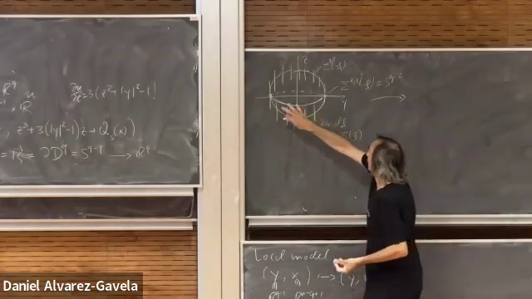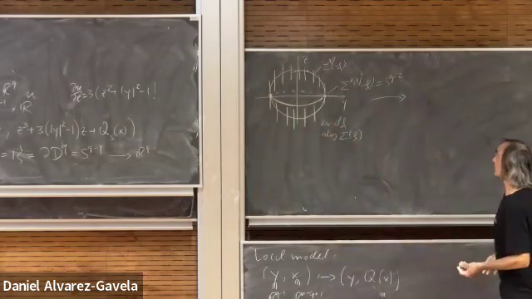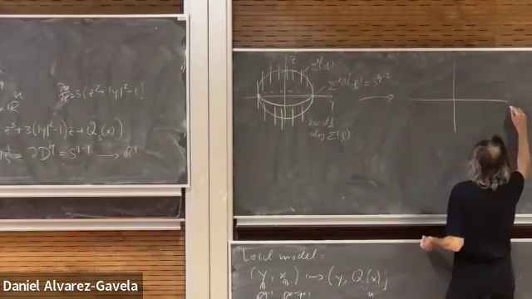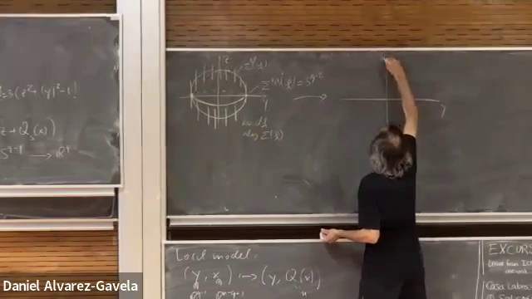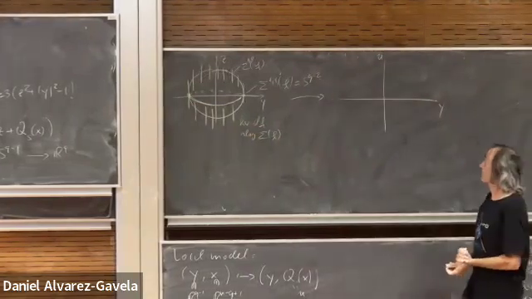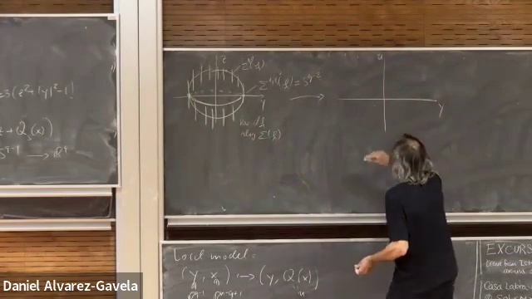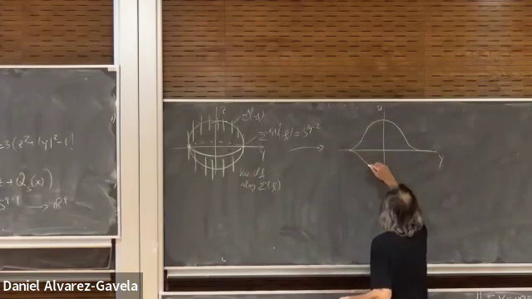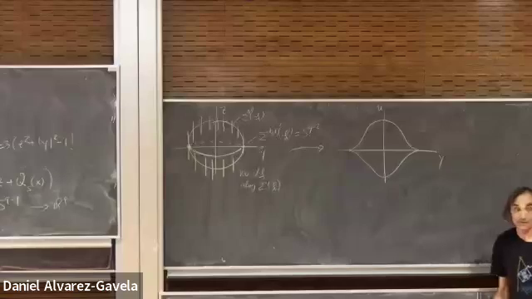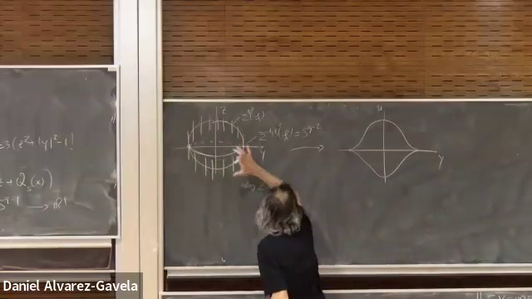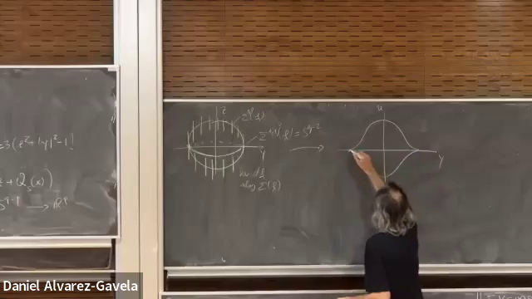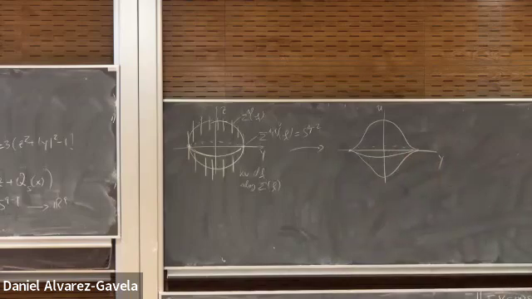Okay, so how does this set map into R^q? I need to work this out, but the picture looks like this. The image of this sphere is something which has a cusp edge here. The picture looks like this.